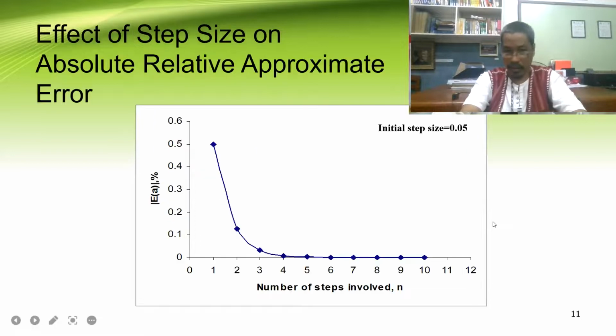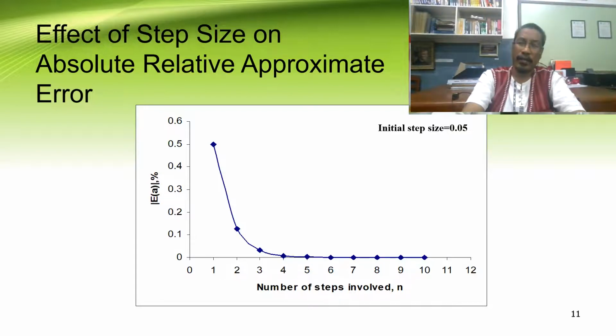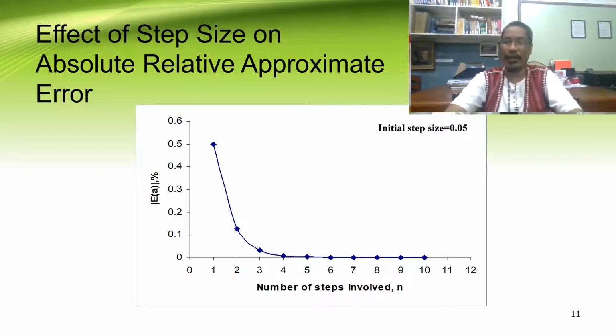The fifth approximation is already acceptable, even the fourth one, but we want to be precise, though there is no need to go to this length. It depends upon the application.